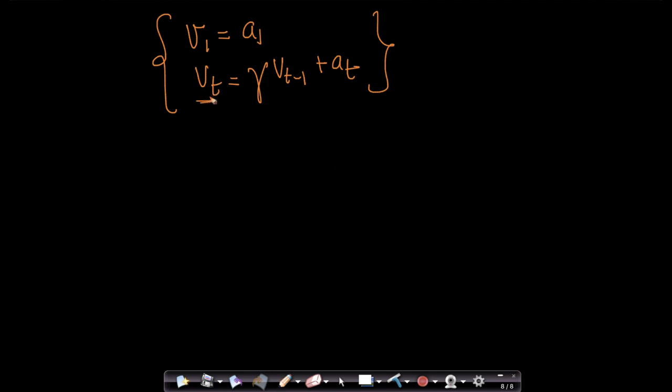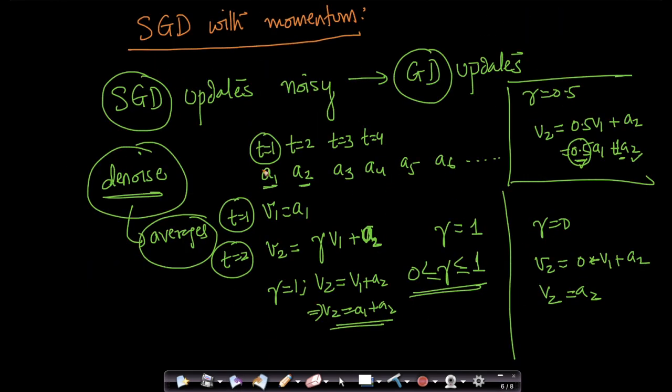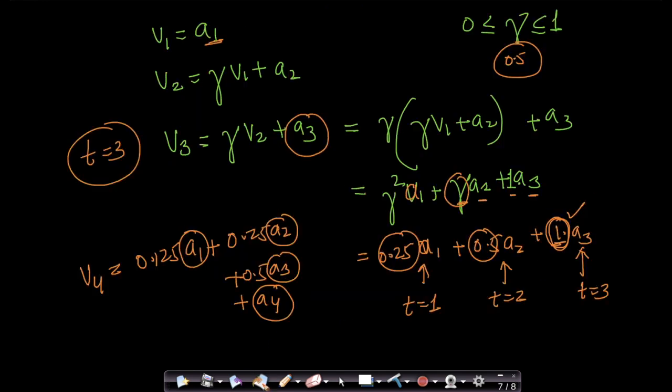V is a variable that changes over time, and V at t minus 1 is the value that you have at the previous time. Now, as you're getting more and more data with time, this is time equals 1, second step, third time, fourth time, fifth time, sixth time, etc. By performing this, you're performing a kind of averaging, like a denoising.